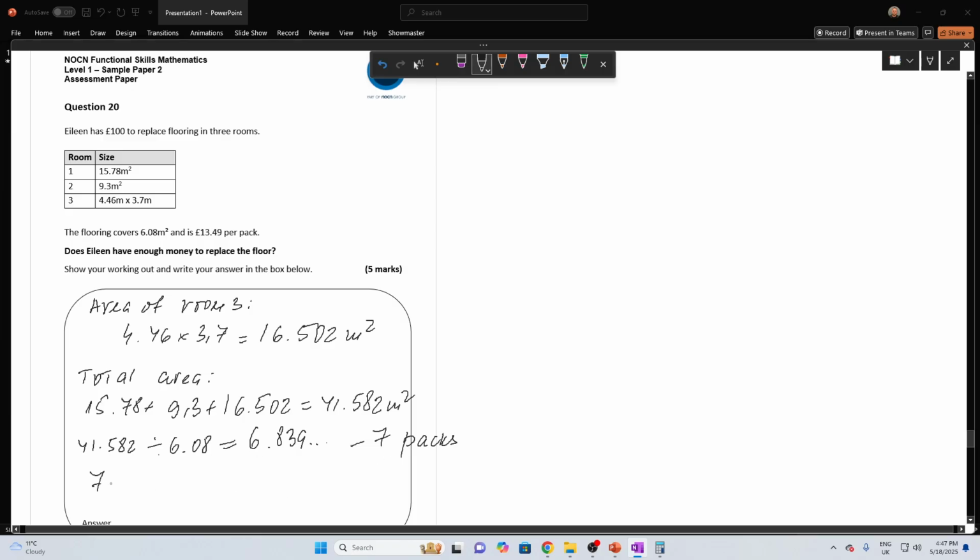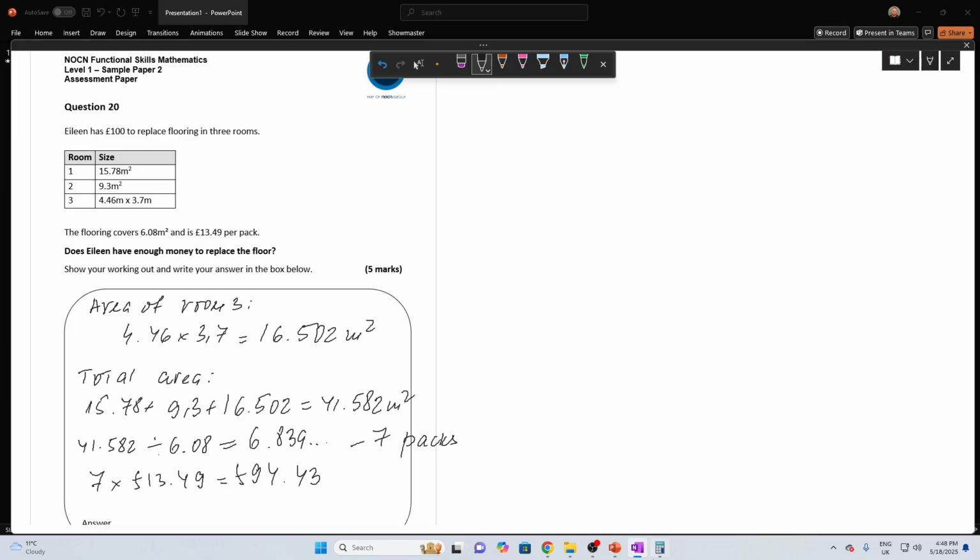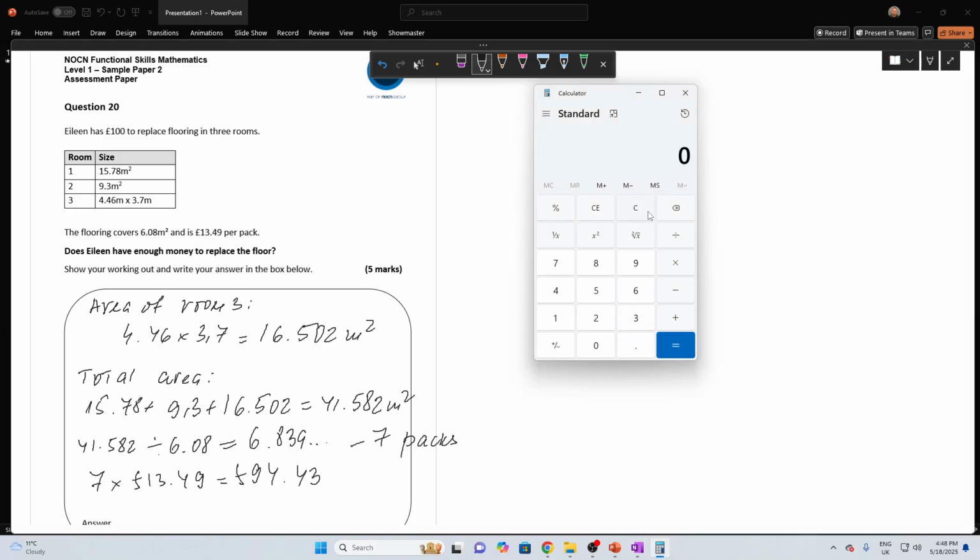And then simply you multiply 7 by the money, how much 1 pack costs, which is 13 pounds 49, and this is going to be 94.43 pounds. Let's double check. So 7 multiplied by 13.49, yes, 94.43 pounds.